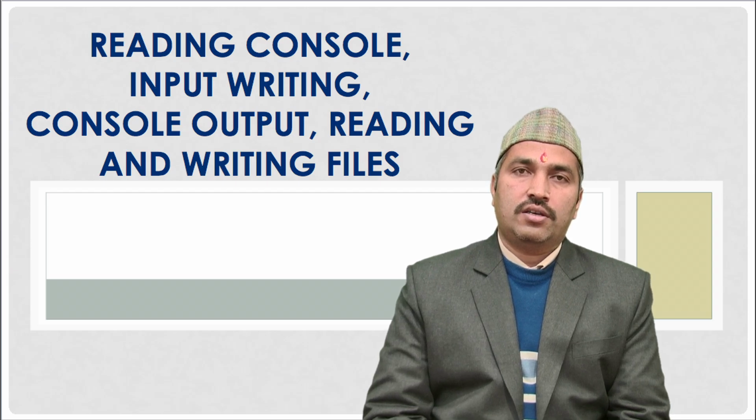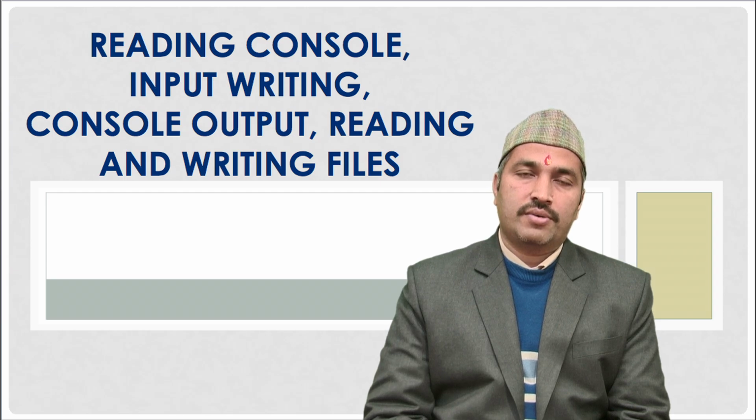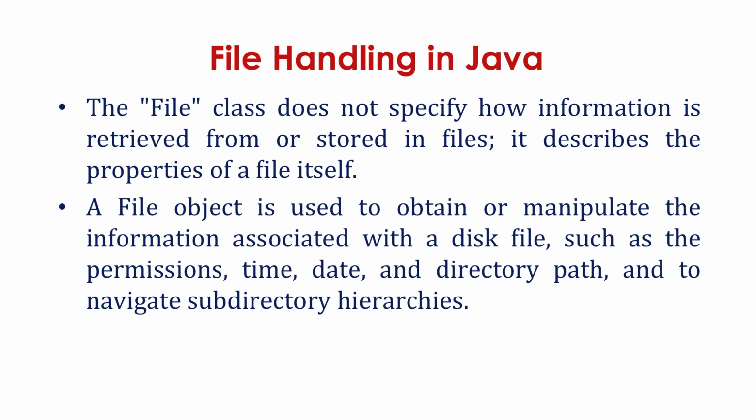What do you mean by file handling in Java programming? Try to understand. The File class does not specify how information is retrieved from or stored in files. It describes the properties of a file itself.